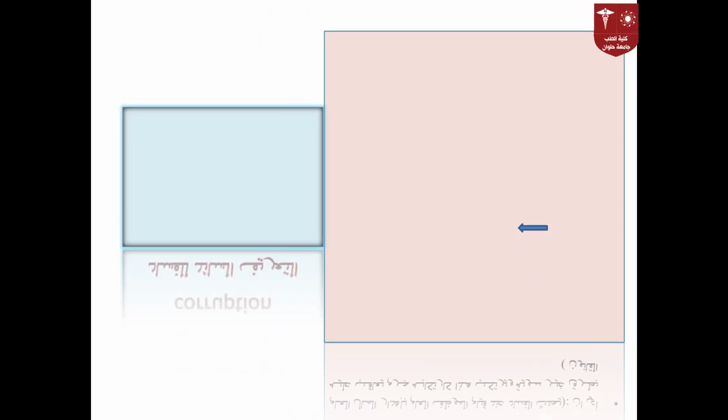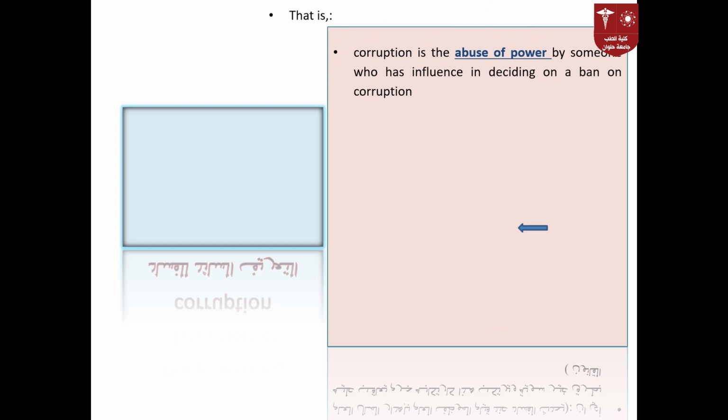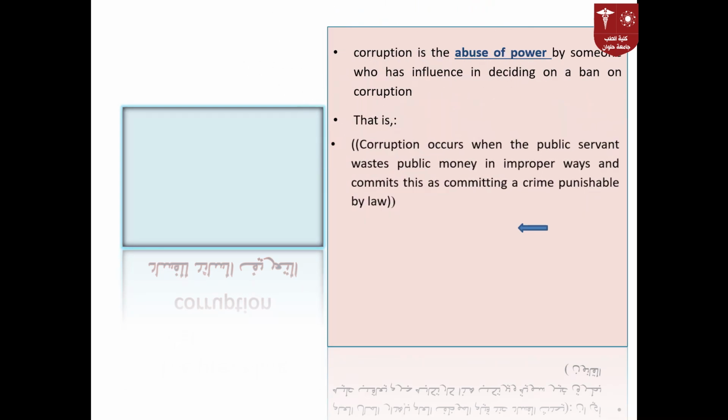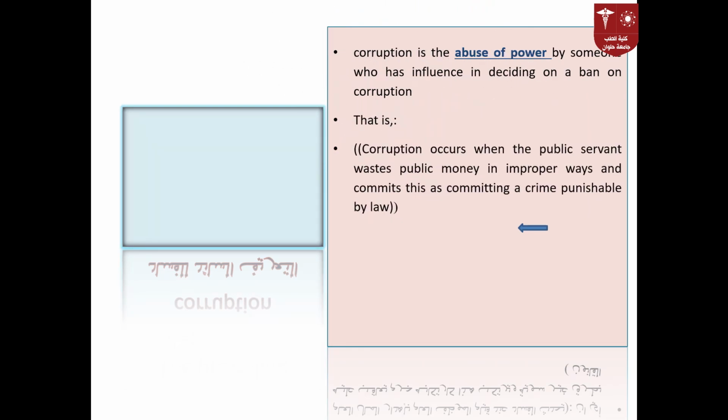Corruption is abuse of power by someone who has influence. That is, corruption occurs when the public servant wastes public money in improper ways and commits a crime punishable by law.